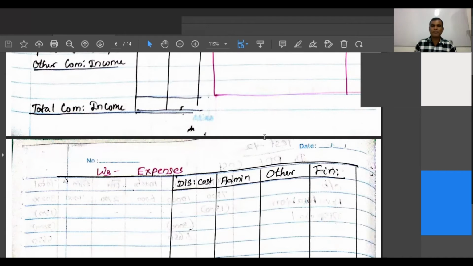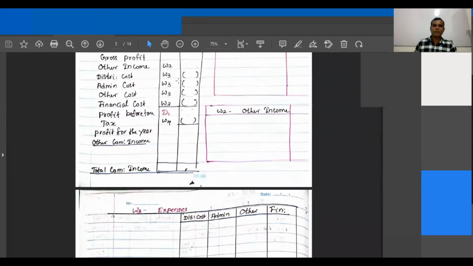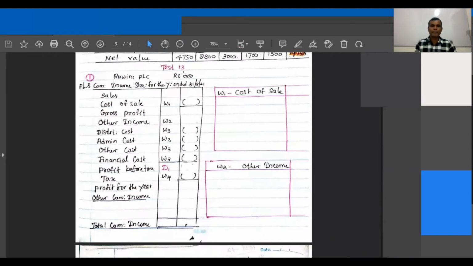Yes, the sum. Now please turn to the exercise. Take one by one. I'm showing you the format. Now look at the sum here. We are going to record it here.